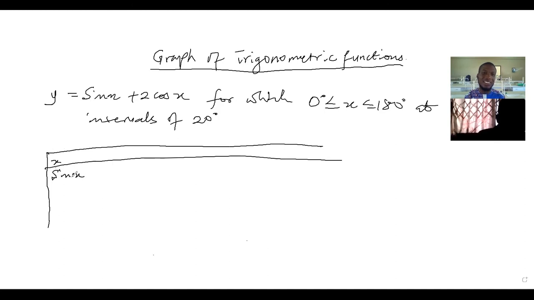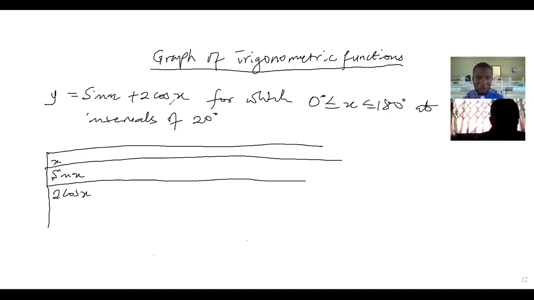Under sine x, we are going to have 2 cos x. Then now that we have sine x and 2 cos x to give us our y, we will now have our y under.